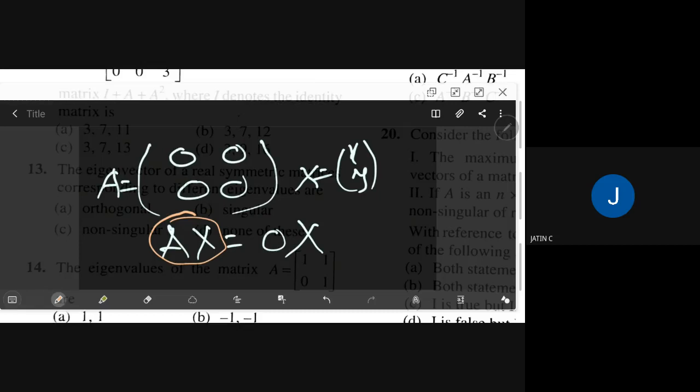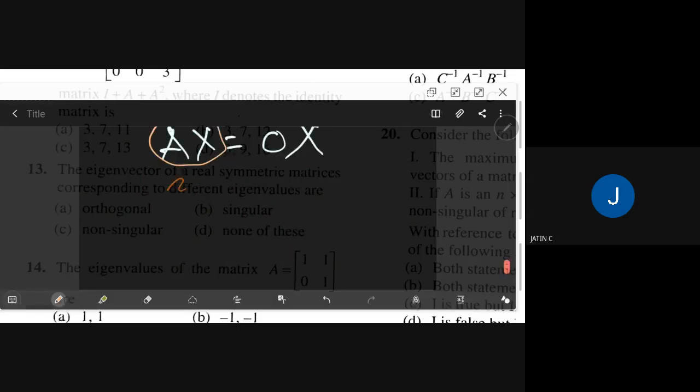Why I am asking this question is, if you take A as 1 0 0 1, then the eigenvalue is 1 and any vector is an eigenvector. This is a special matrix, the identity matrix.